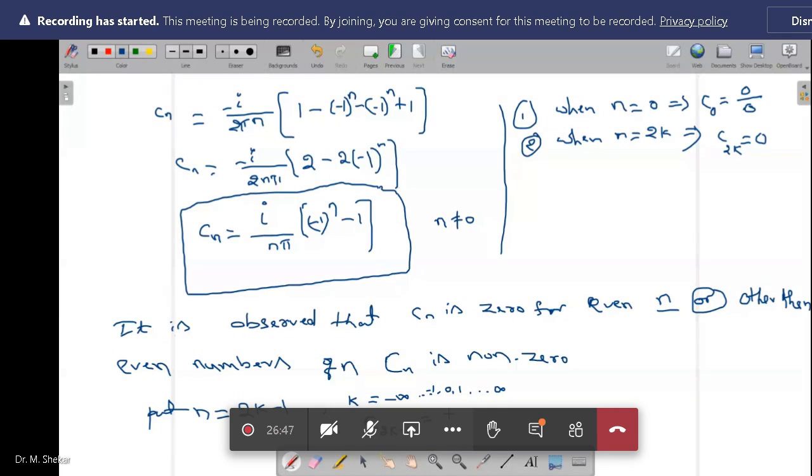So that will be i divided by 2k minus 1 into pi into minus 1 to the power 2k minus 1. All these values of minus 1 power 2k minus 1, this whole thing is minus 2 always. Because if you choose any k, say k equal to 1, 2 minus 1 is 1. If you choose k equal to 2, 4 minus 1 is 3.